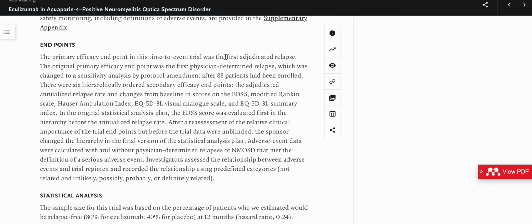So the main outcome variable over here is time to the first relapse after the treatment has been initiated, because NMOSD is a relapsing remitting kind of disease, that it has some spurts, some bursts of the disease, and then there is baseline, and then it again spurts. So in this they are seeing if the first adjudicated relapse is prevented or not.